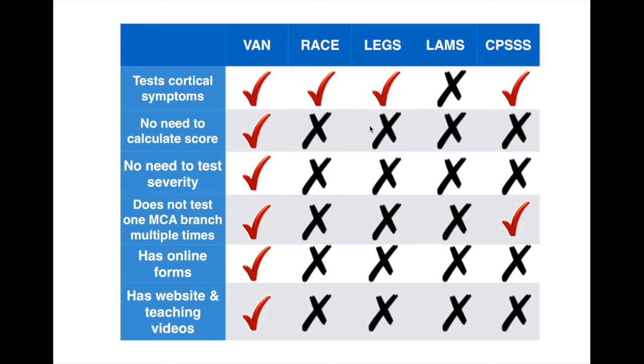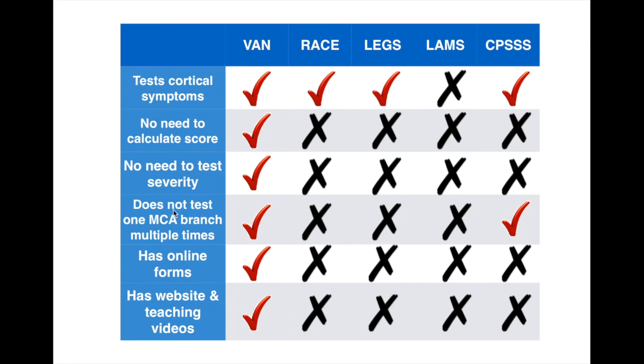So let's compare RACE, legs, LAM, CPSS, and VAN, right? Test cortical symptoms: yes, we do. These other ones do as well, right? This is a pure motor one, so it doesn't. No need to calculate score, that's us. Everyone else has to. No need to test severity, that's only us. Everyone else has to.